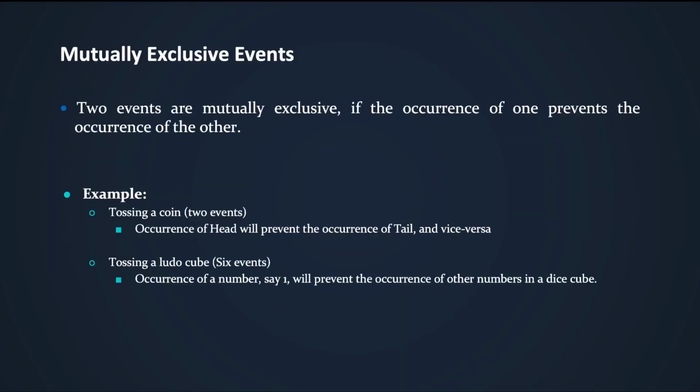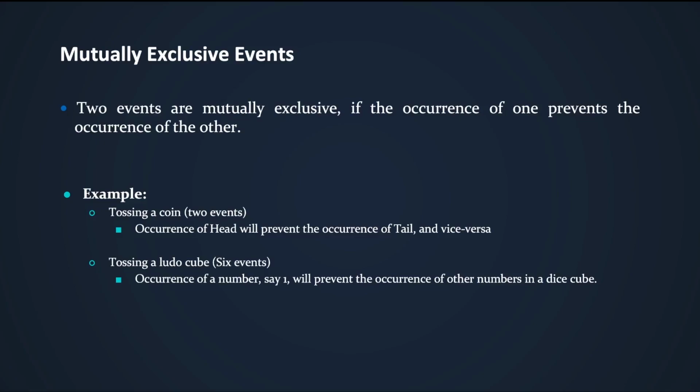Before learning any classification algorithm, the users have to learn two important terms. The first term is called mutually exclusive events. That is, two events are mutually exclusive if occurrence of one prevents the occurrence of another.